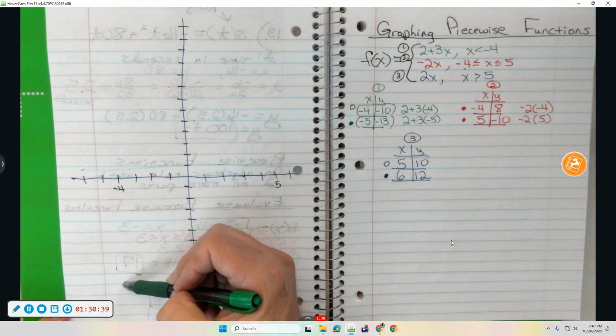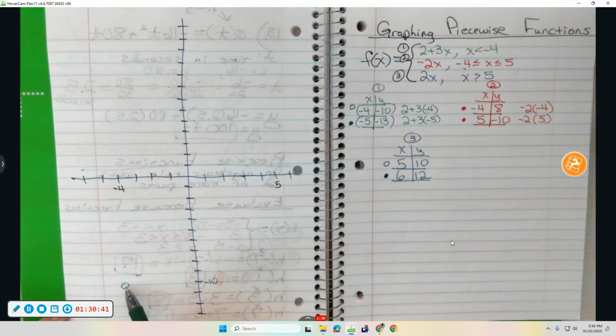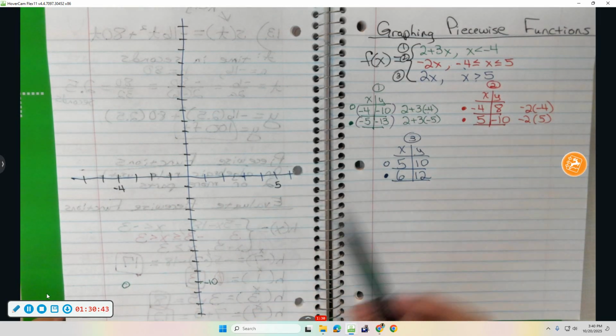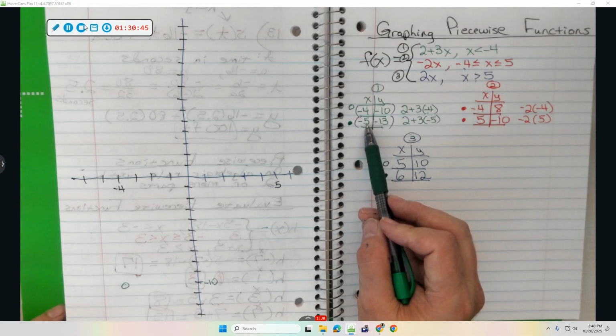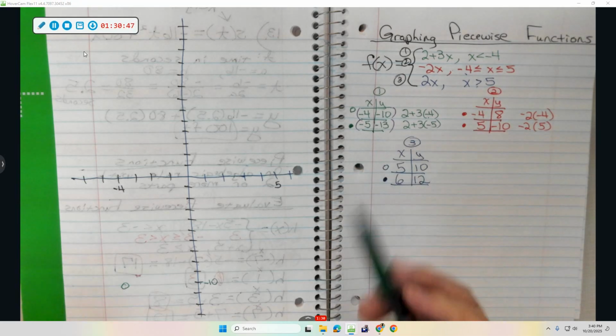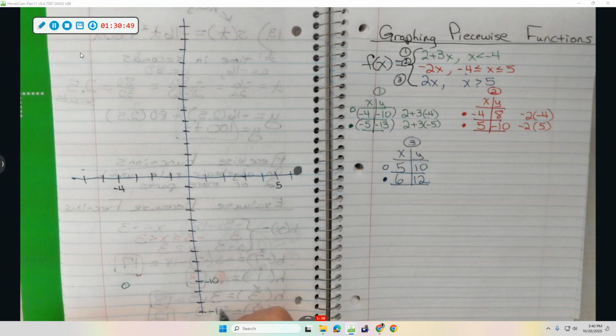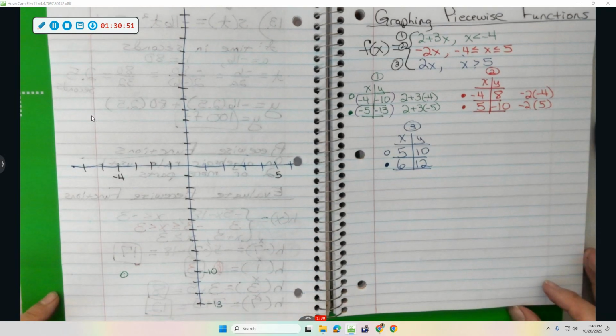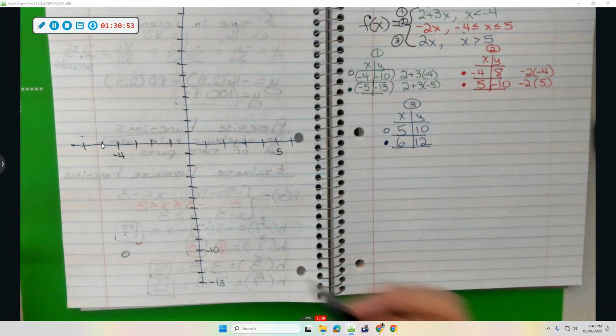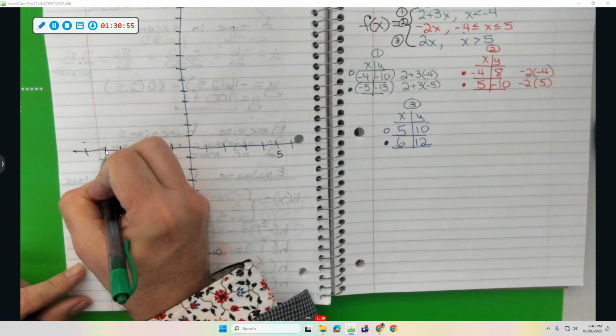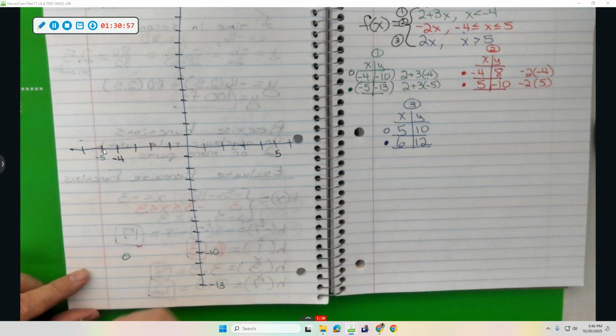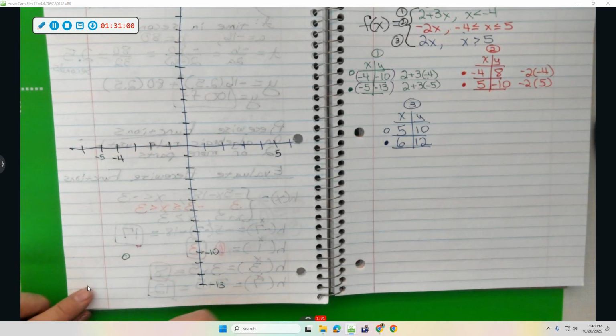At -4, -10, we have an open circle. Then at -5, we go down 13 units. I'll do it like that. So -5, we're going down 13 units. Is this going to be an open circle?